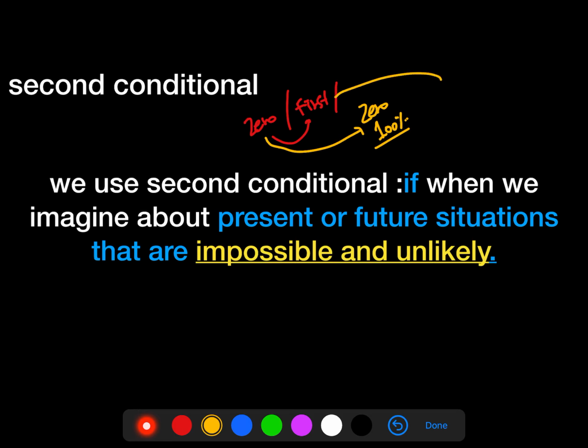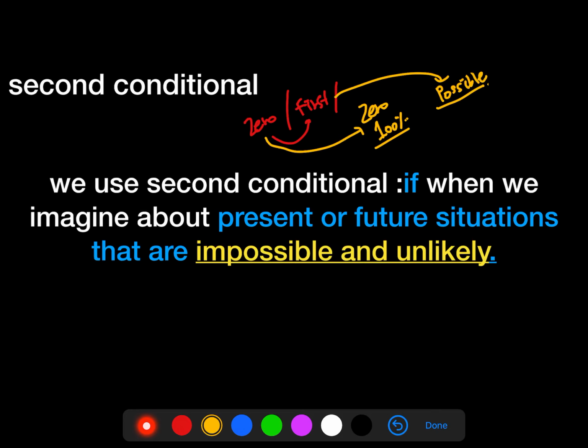What about the first one? We use first conditional clause when we want to talk about future situations which are going to happen, which is possible to happen. So possible, I would like to say possible.